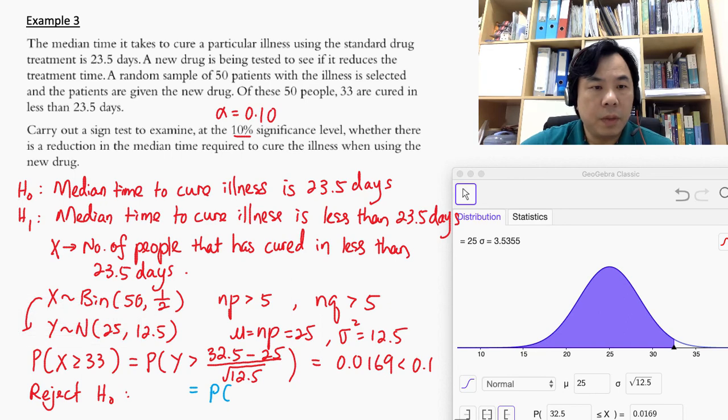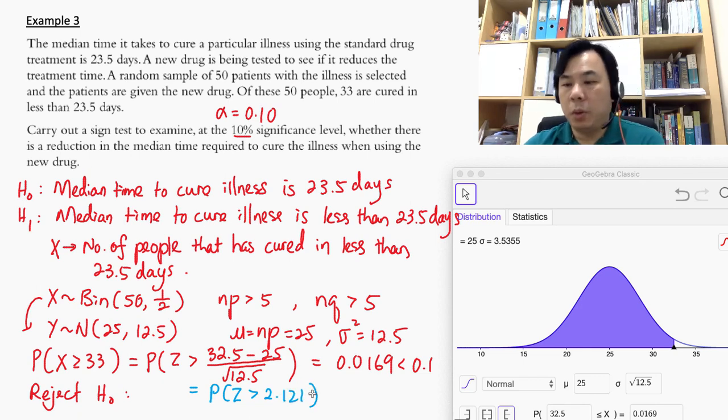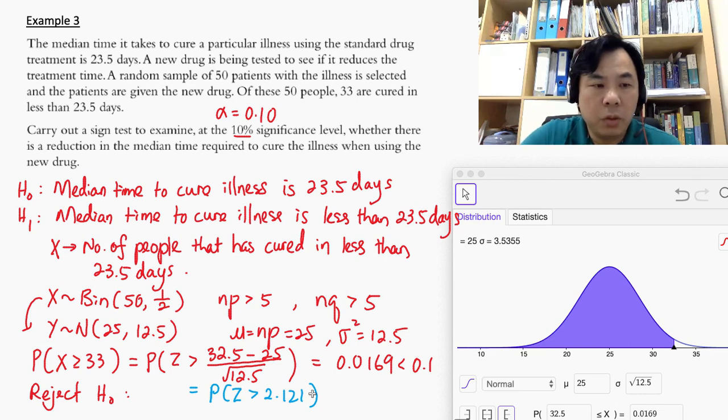That is actually a Z. It has been converted to a Z score. So I need to change this. Therefore, this is Z greater than 2.121. Okay, 2.121.